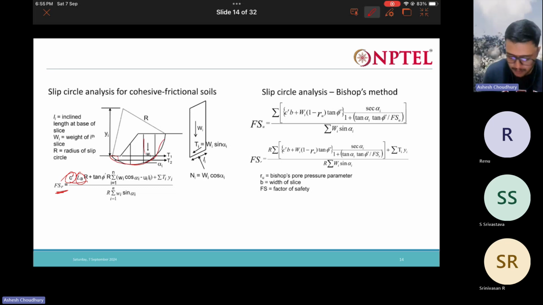Next, the term coming from the cosine component. Take any wedge with its weight acting downwards. That weight has a sine component and a cosine component. The cosine component gives the normal force, and the normal force times tan of the friction angle gives the frictional resisting shear resistance.